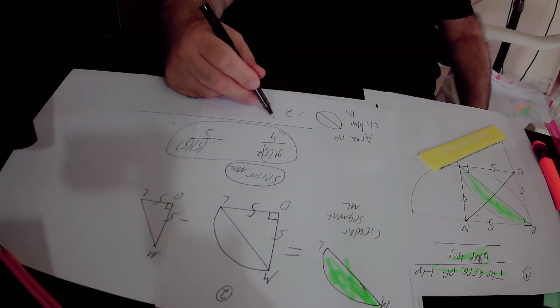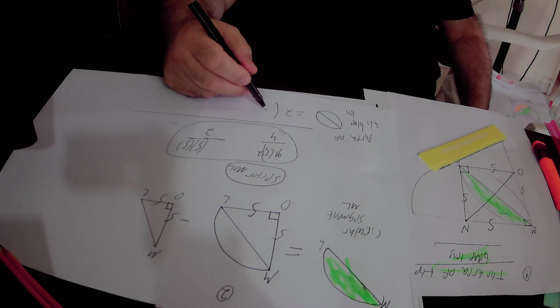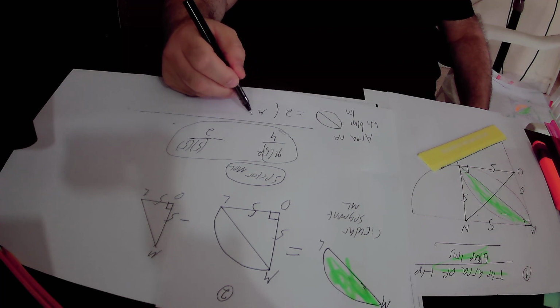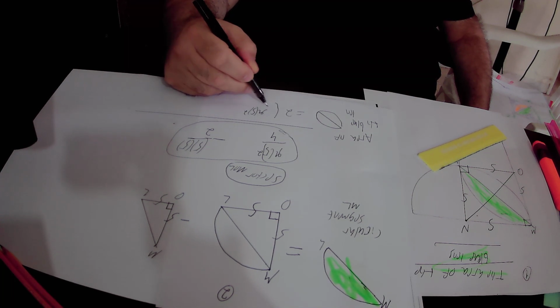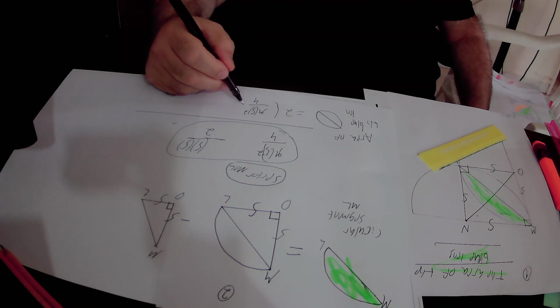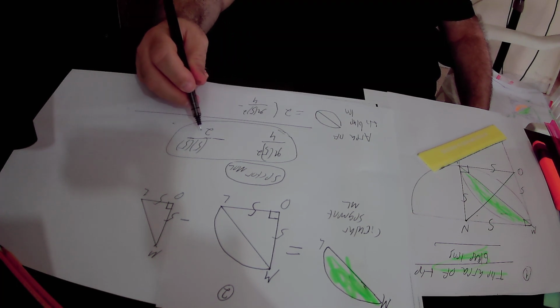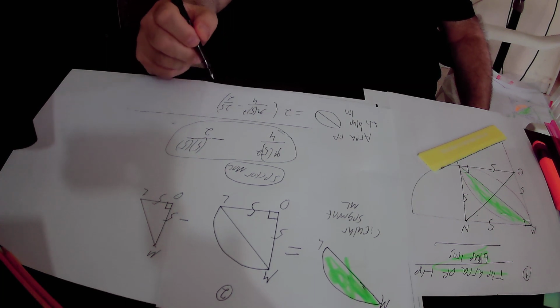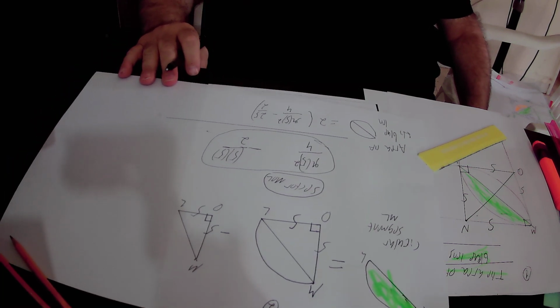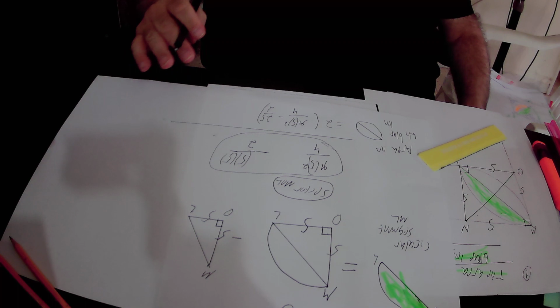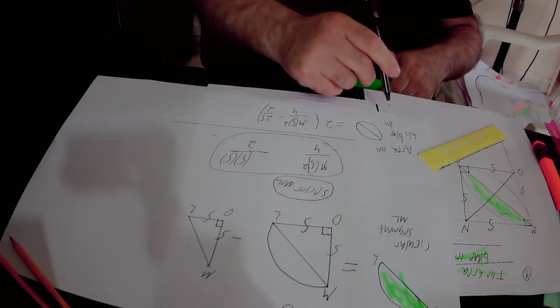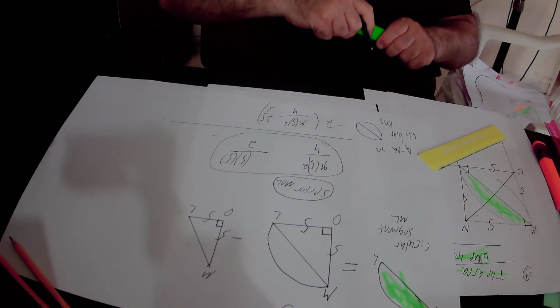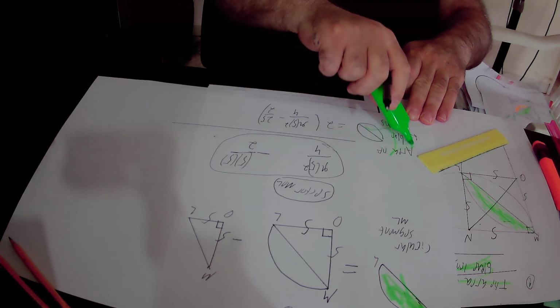So it is 2 times pi times 5 squared over 4 minus 5 times 5, which is 25, over 2. Okay. So the area of the blue lens equals this expression.